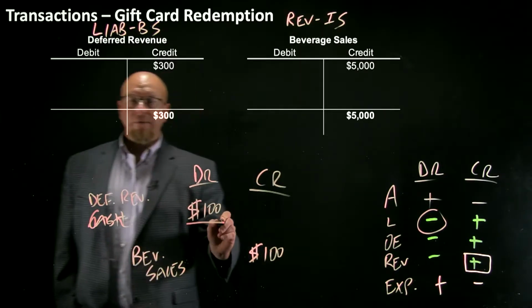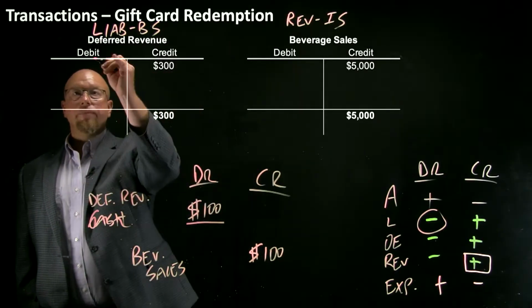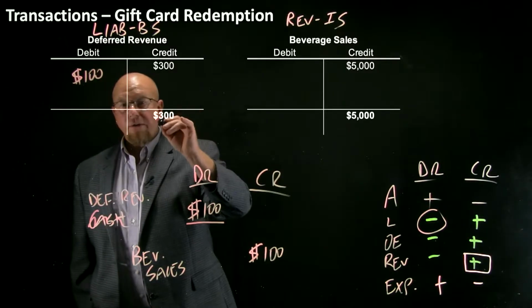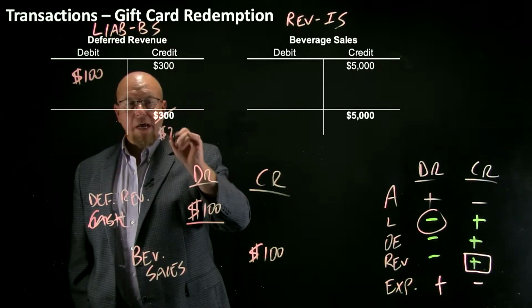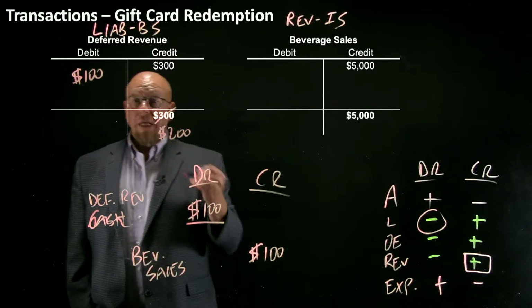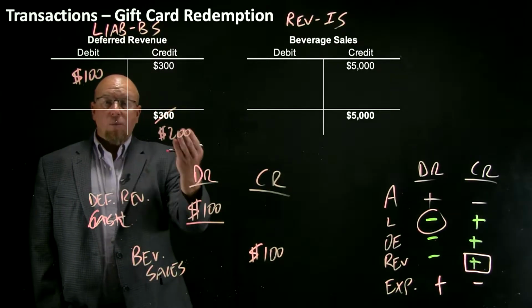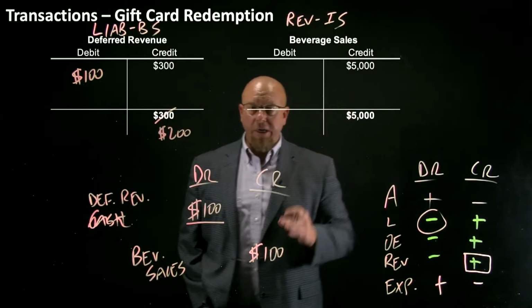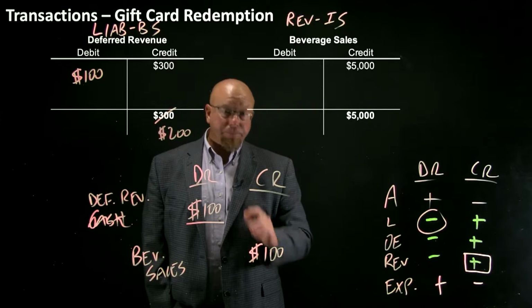The $100 debit to deferred revenue is going to get posted to the account. Now the deferred revenue liability is only $200 because $100 of that gift card was used. We now only owe $200 of food, beverage, other products to the holder of that gift card.